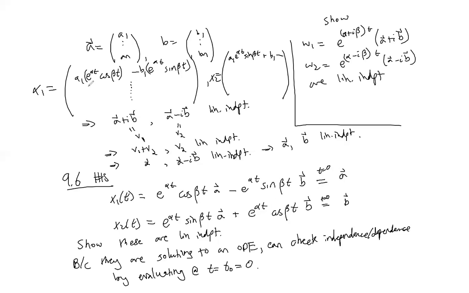And then if you take some linear combination, like C1 plus C2, you can try to argue that if that equals 0, then the coefficients have to be 0. There's just a lot going on. There's a lot of different terms, so it gets a little confusing.